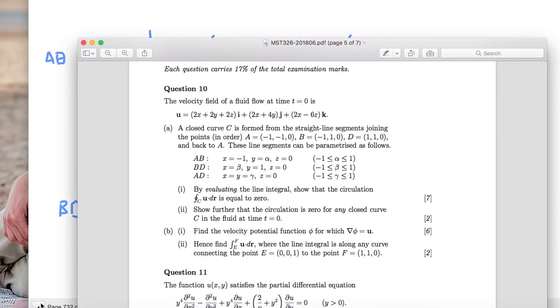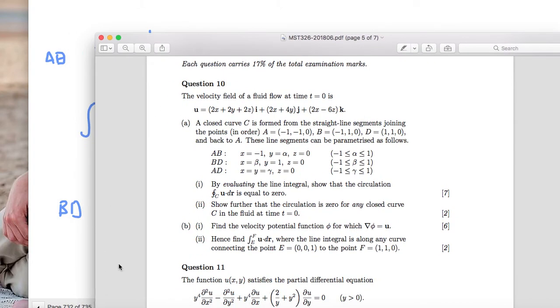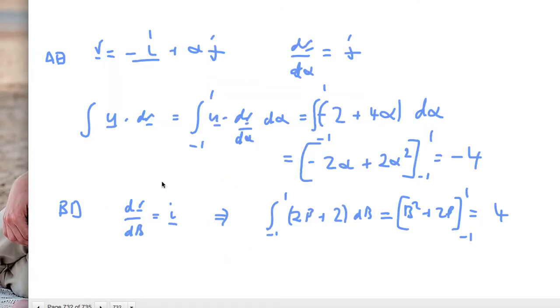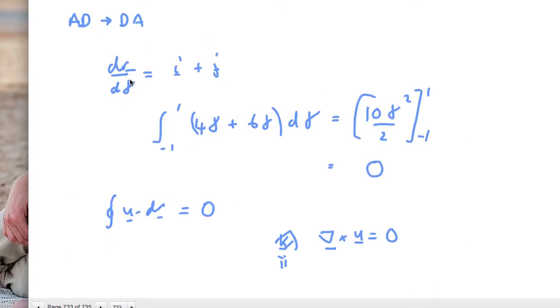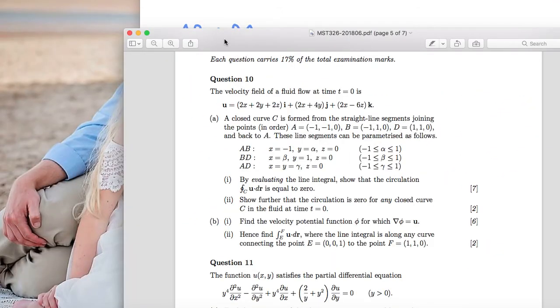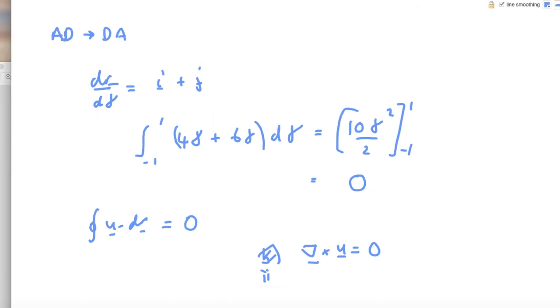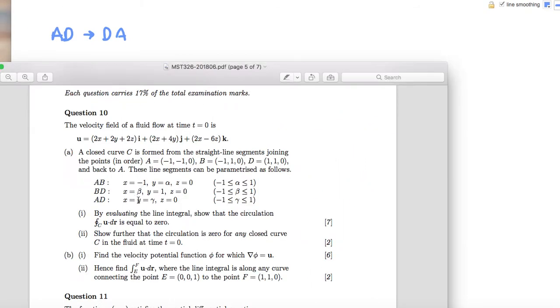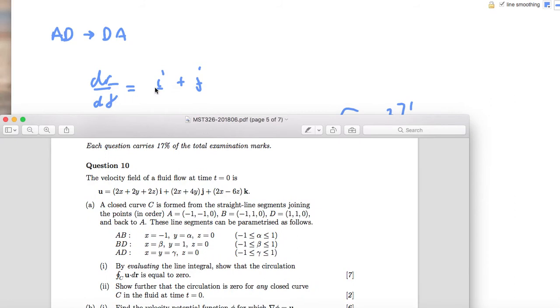Okay, so far. So on the next page, we're going to have the same thing. This time the r vector, looking at the conditions again, is x equals gamma, y is gamma, z is 0, so r equals gamma i plus gamma j plus no k. Differentiate that with respect to gamma and we get i plus j.